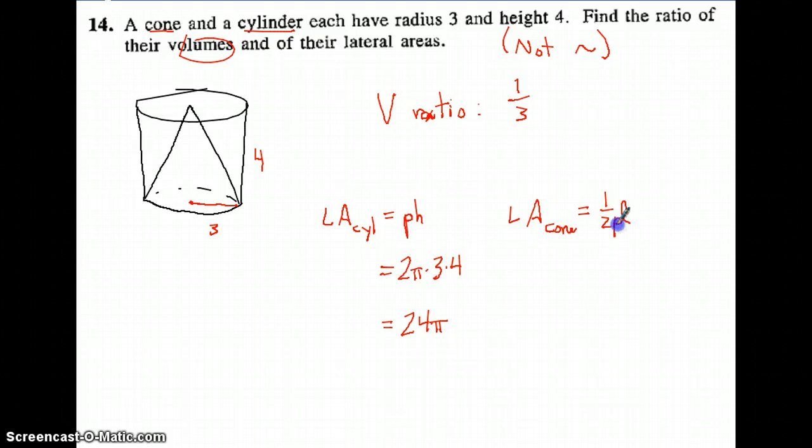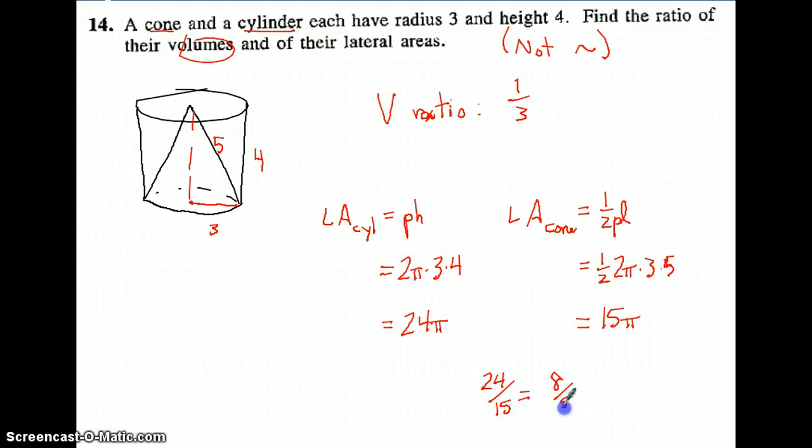The half and the P are starting to look nice in comparison to this, but I get that L being a problem. If this is 3, this is 4, it looks like I'm going to have a 3, 4, 5 Pythagorean triangle. So this is 15 pi. The ratio of 24 pi to 15 pi is really 24 to 15, but that reduces to 8/5.